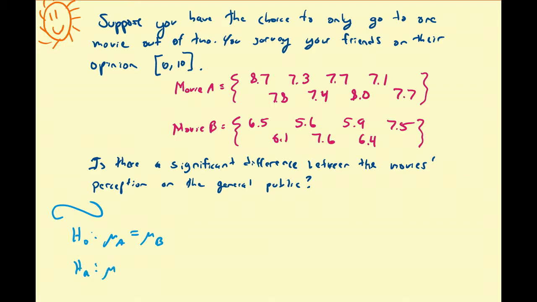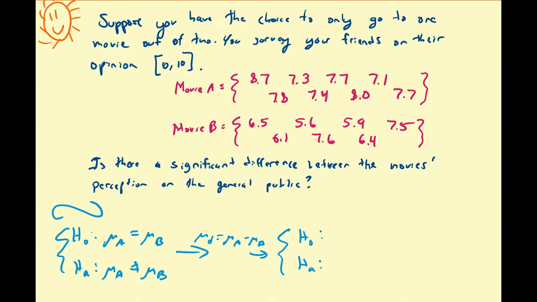For the alternative, we're going to use the two-sided complementary alternative, namely mu A does not equal mu B. And we're going to define mu D to be equal to mu A minus mu B. From this definition, we get the equivalent null and alternative hypotheses: mu D equals 0 and mu D does not equal 0.